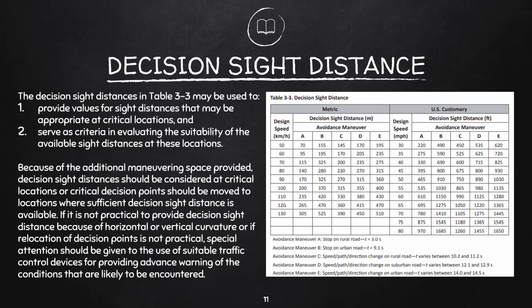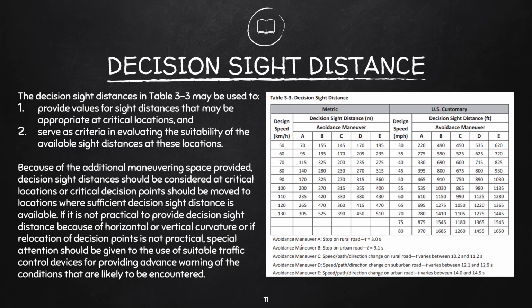So we have your table 3-3 for decision site distances. Again, for different design speeds, we have your decision site distances for different avoidance maneuvers that is presented in the portion here at the bottom of the table. We have your metric and the English units.